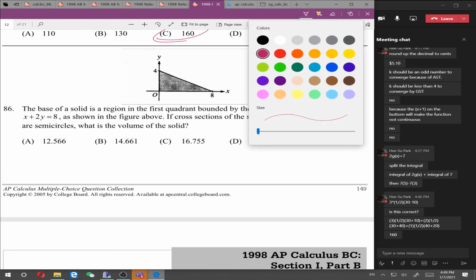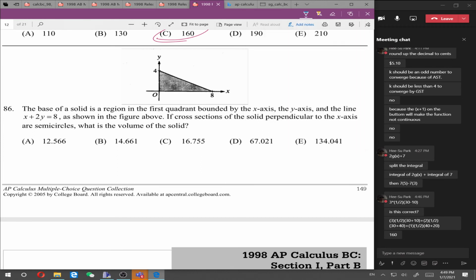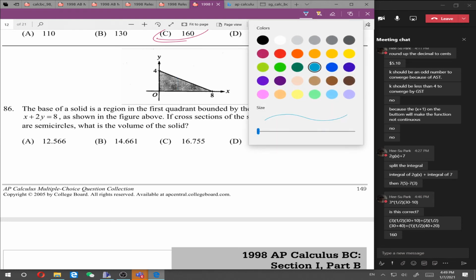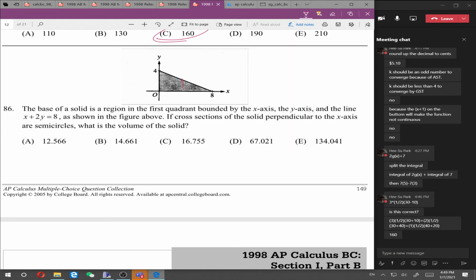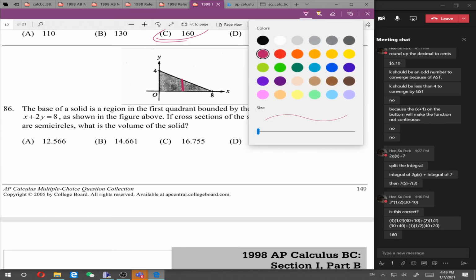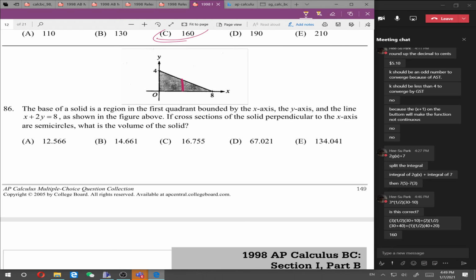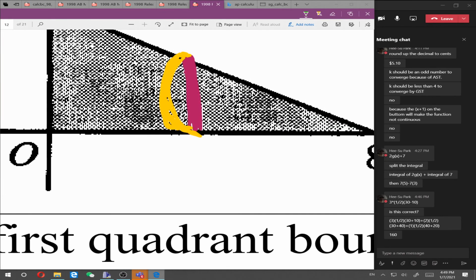So that's going to look something like this, popping out of the page like this.